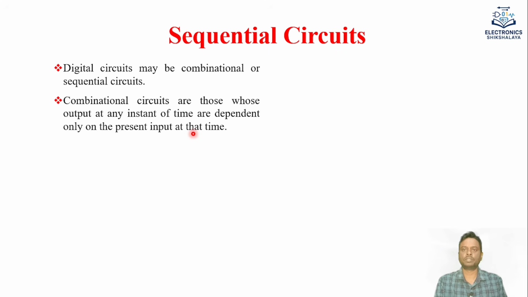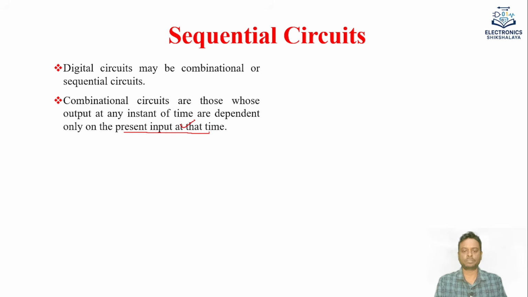If I want to calculate the output at time equal to 0 seconds or time equal to 1 second, then you have to take the input x at that same instant. Both the time instants are the same, so the output depends upon the present input at that time only. So that is the combinational circuit.